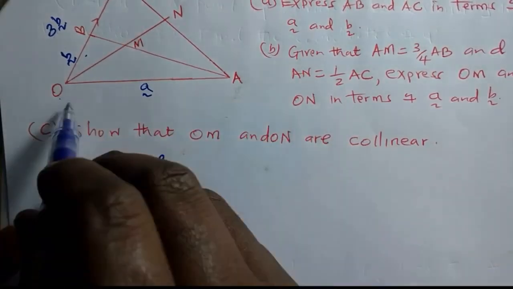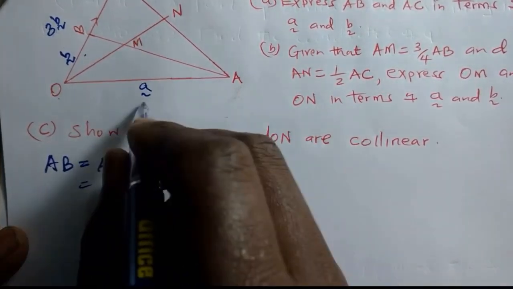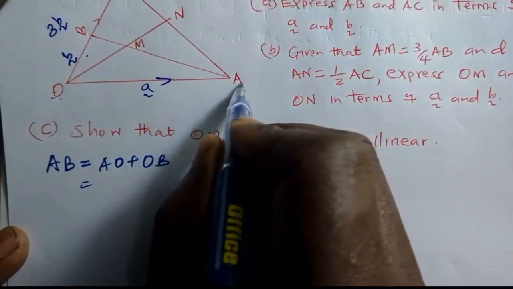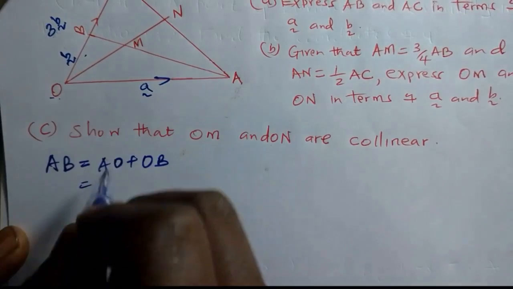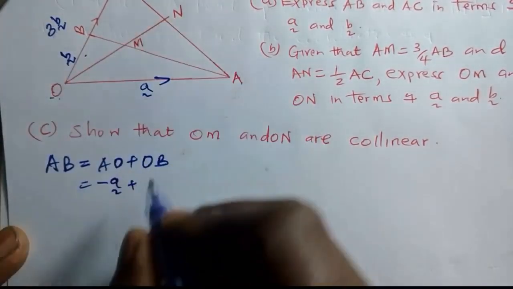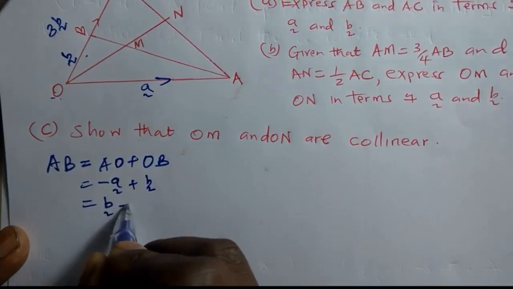Remember, this vector is going OA; whenever you are coming OA, the vector becomes negative. So AO is negative A plus OB. OB is B. This is the same as B minus A.